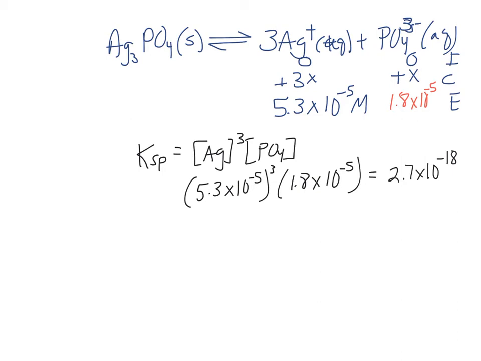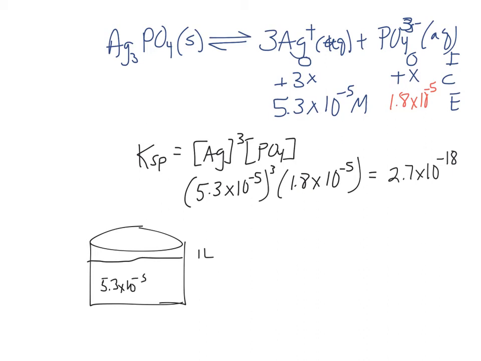So as we allow this reaction, okay, so we have a beaker, and we know that if we try to dissolve in 1 liter, that we're going to get a molarity of 5.3 times 10 to the minus 5 molar of silver, and that's what was told to us.